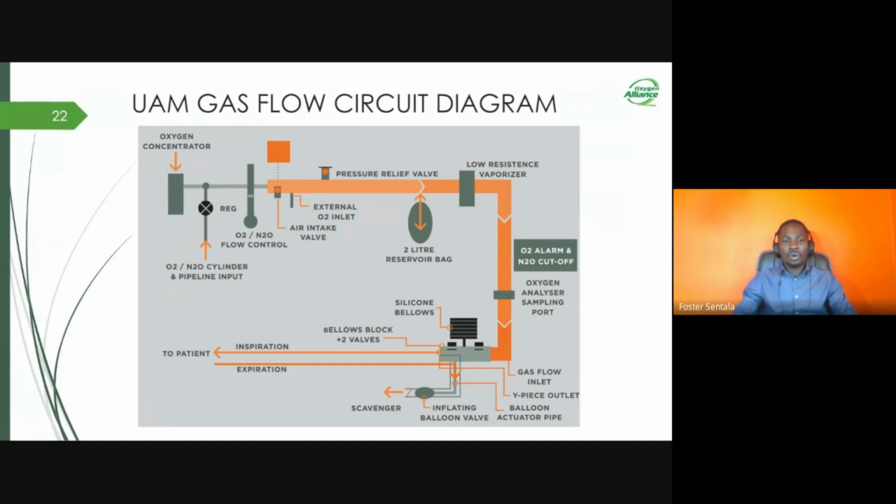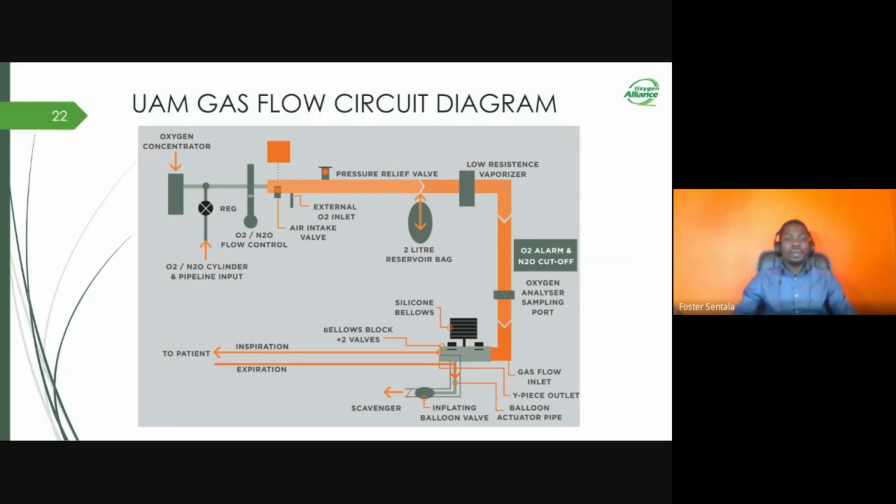After the orange tube, that is at the end of it, that is where we are now entering the patient breathing circuit. That is where you are tapping the fresh gas flow into the patient breathing circuit. Those painted in black, those are the bellows, and the other ones, those are the one-way valves. So this is a basic representation of how gases are flowing inside the machine, going to the patient and back, and then going out of the machine through the scavenger, passing the balloon valve.